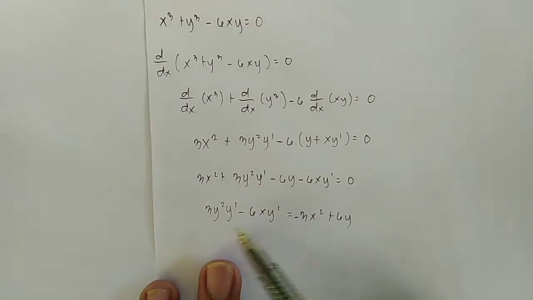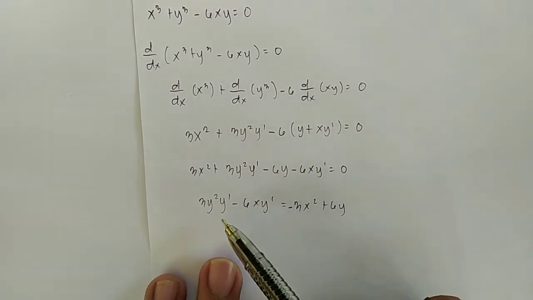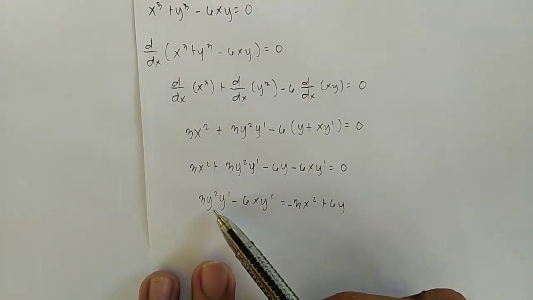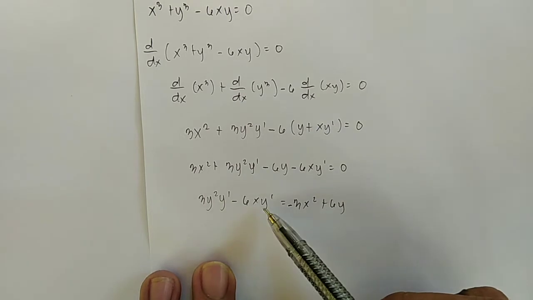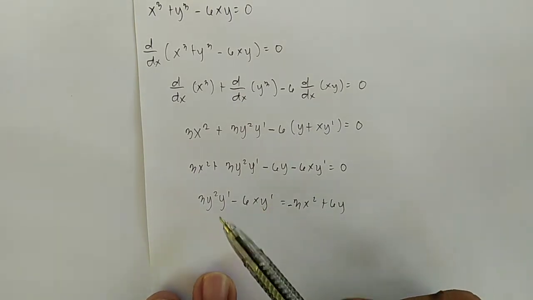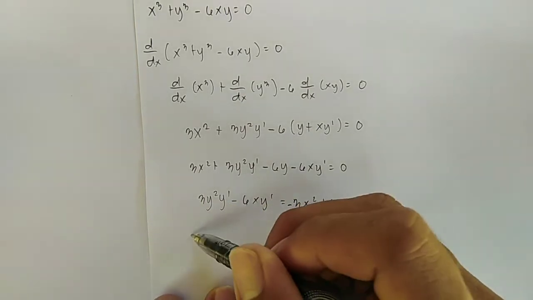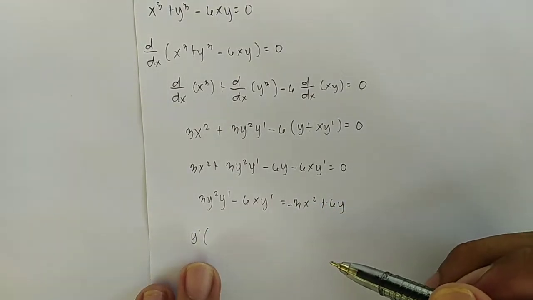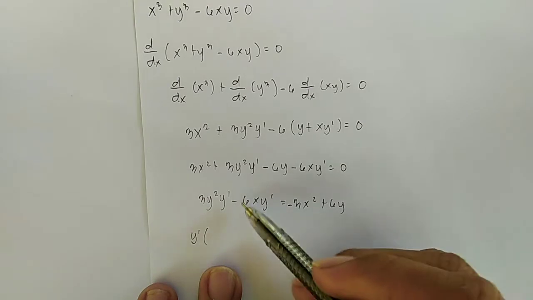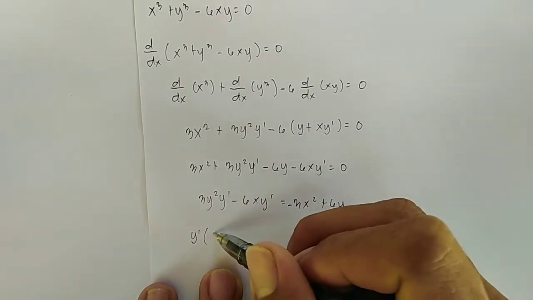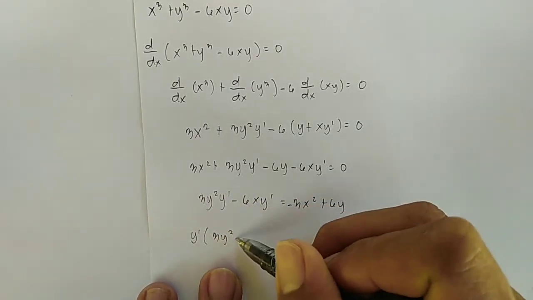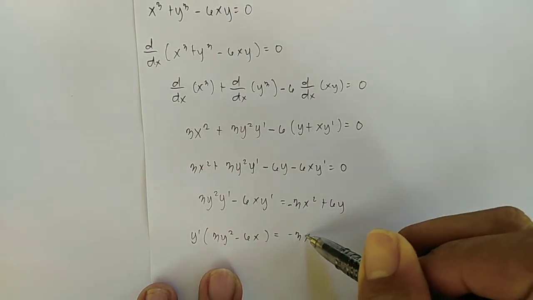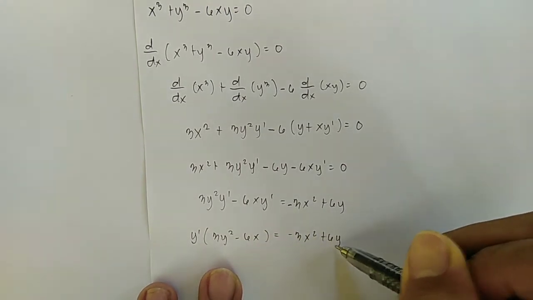Now, on the left side, notice that there is a common term between these two expressions, 3y squared y prime and 6xy prime. So what we're going to do is factor out the common term, which is y prime. If we factor out y prime in these expressions on the left side, you will get y prime times 3y squared minus 6x is equal to negative 3x squared plus 6y.